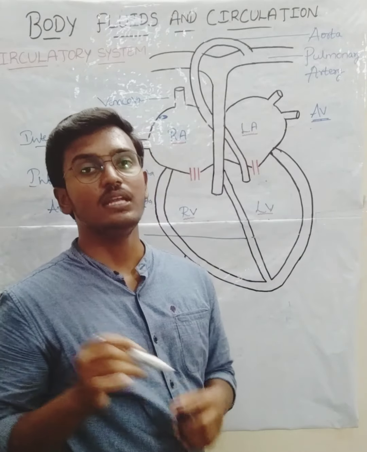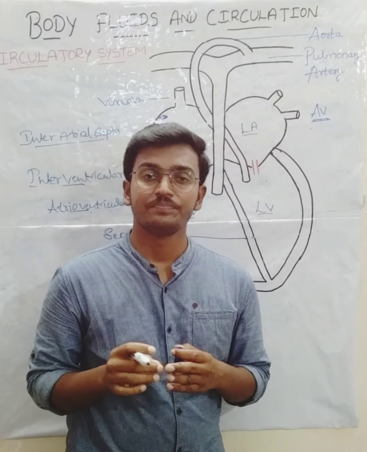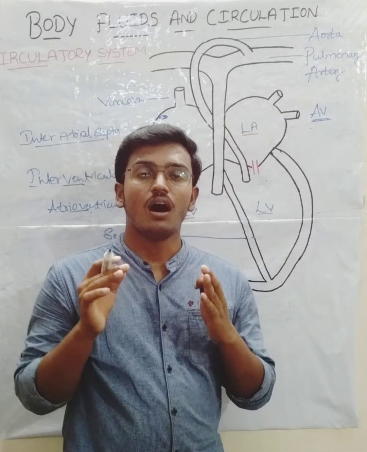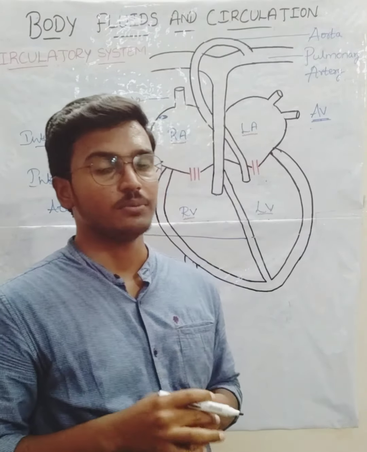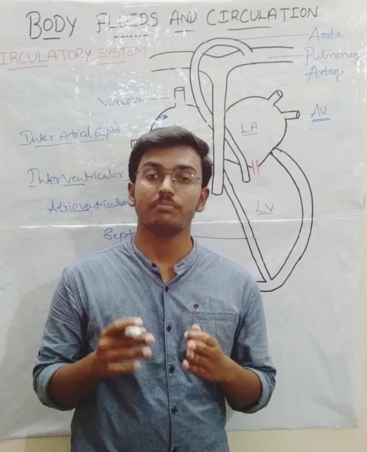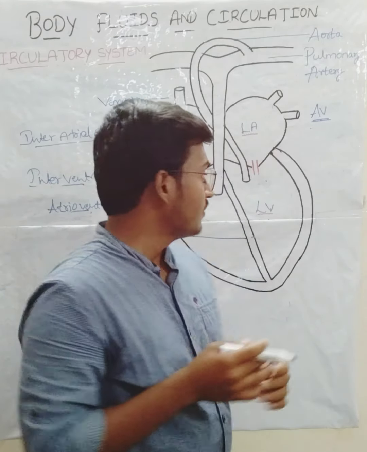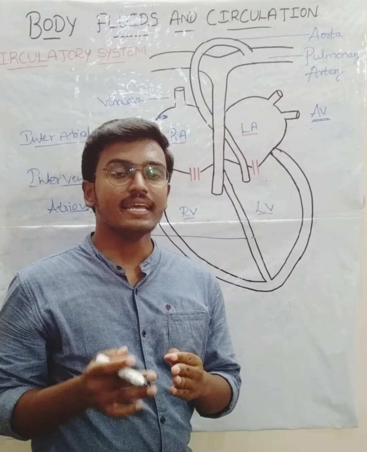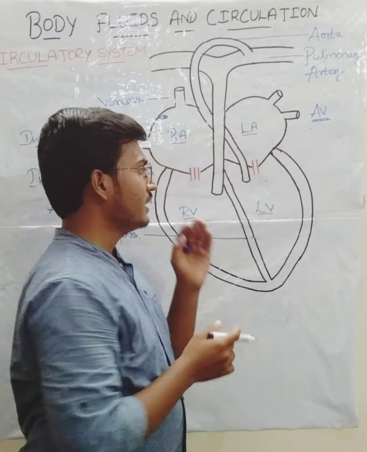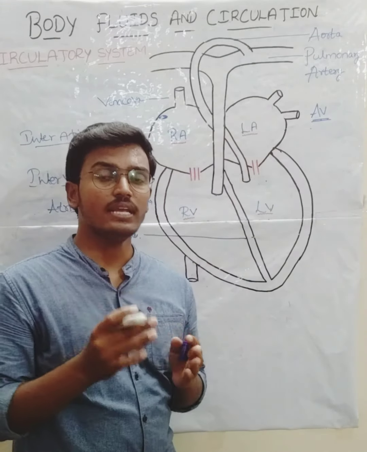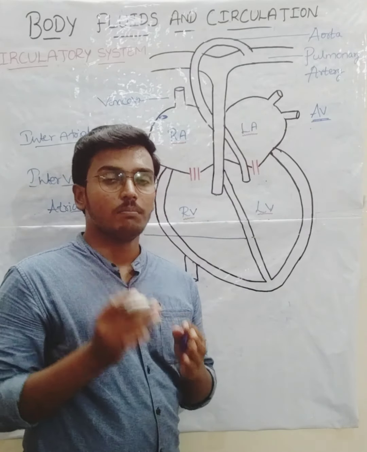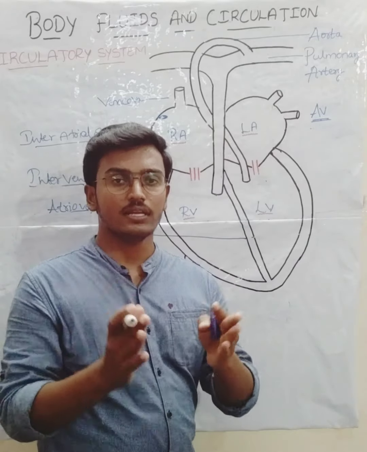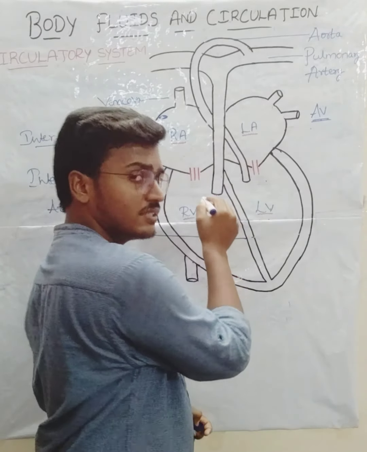Semi means half, and lunar means moon, so they are half-moon-shaped valves. They are present because the movement of blood takes place in a particular direction, so there is a valve here.